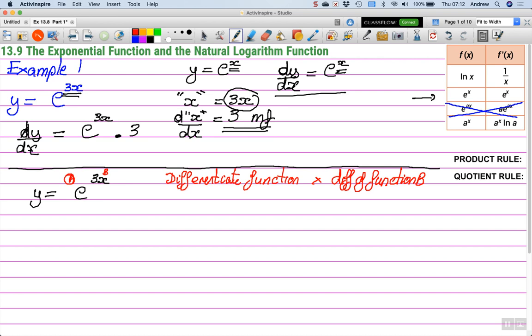So let's see how this works here. And also, remember, nothing else changes.